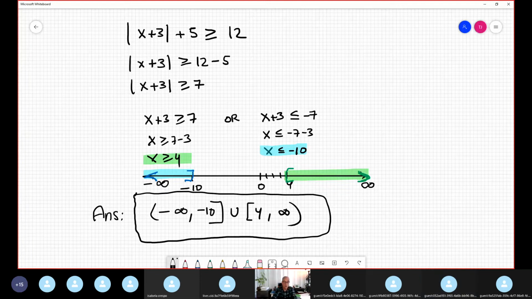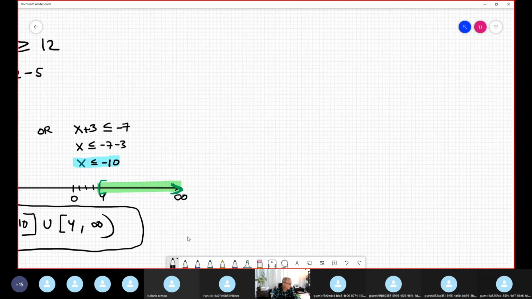Okay. You say this one, absolute value, 3x minus 1, less than or equal 11. Yes, this one. You say, miss? No, the one with like quadratics.